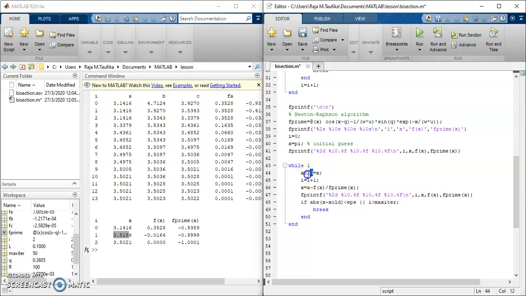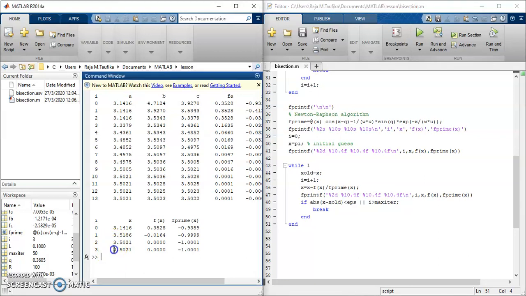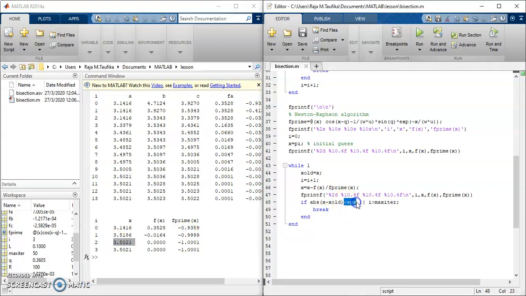So this is the value of x or beta in the previous iteration, and this is the updated beta. So by using this, we have this kind of result. As can be seen here, the value of x has converged to one value. So if this updated value minus the previous value is less than this tolerance, we break the looping.